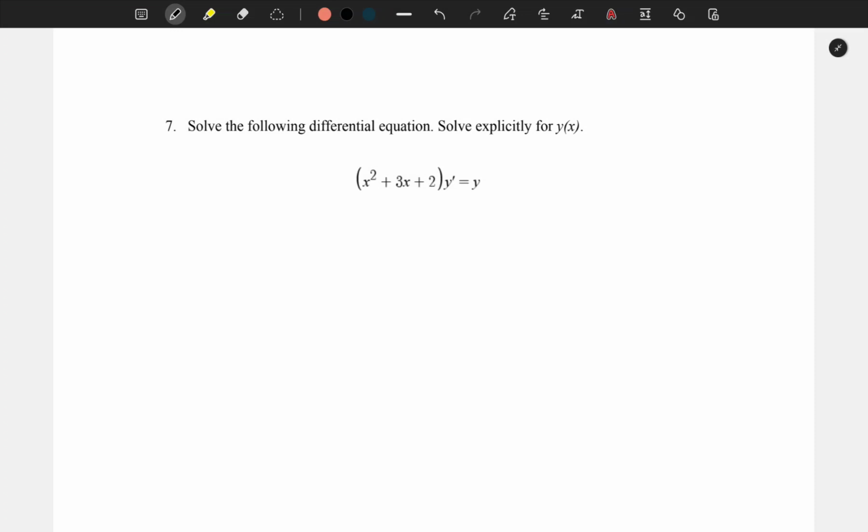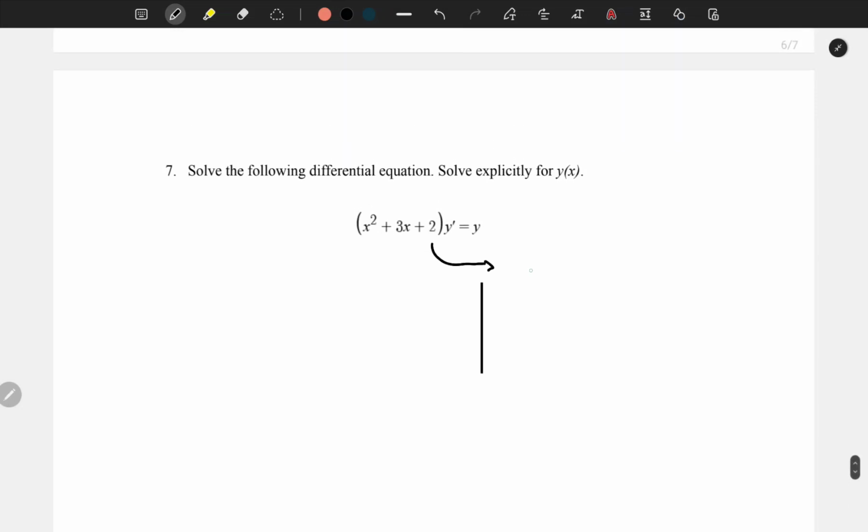The first thing we can see is we have this polynomial in the brackets, and we can go ahead and factor this on the side. So let's quickly factor this. We have x squared plus 3x plus 2. Our product is equal to 1, our sum is equal to 2.